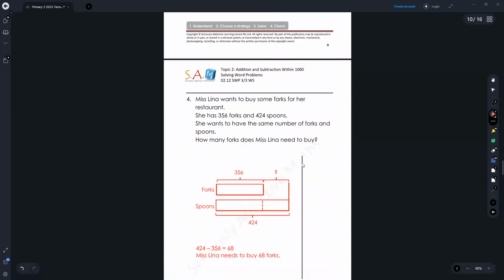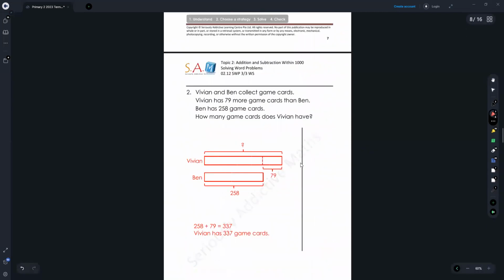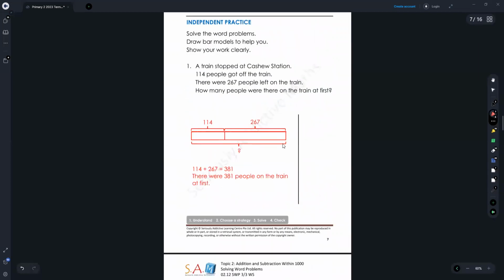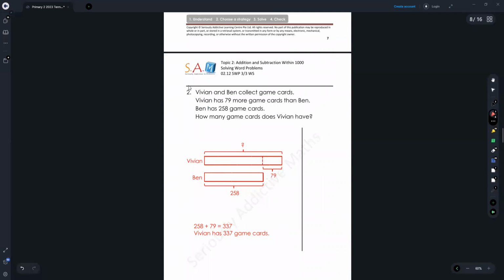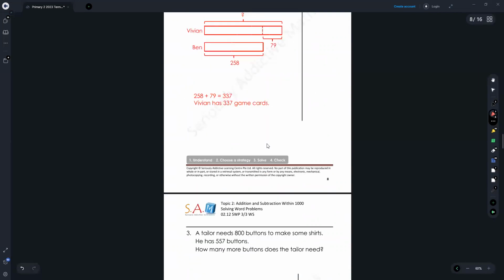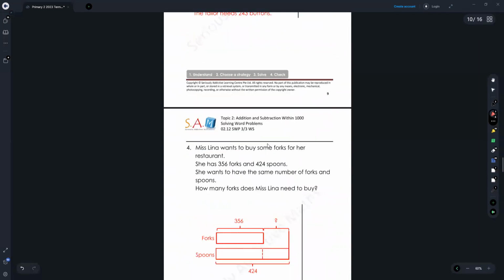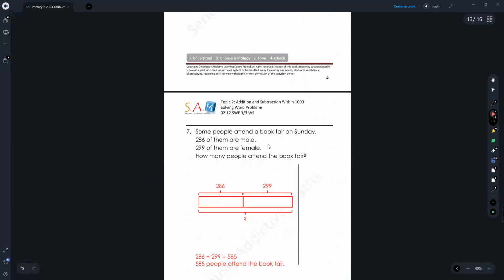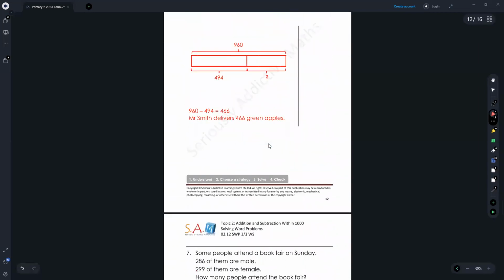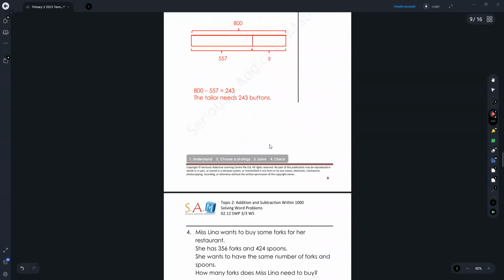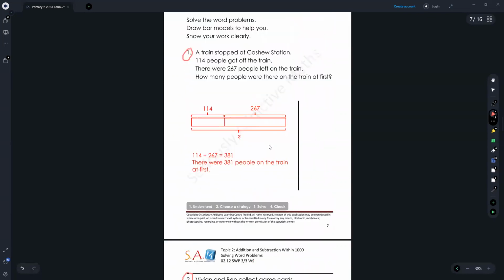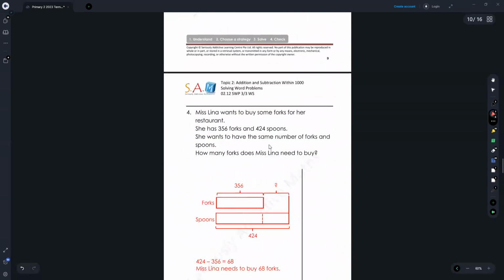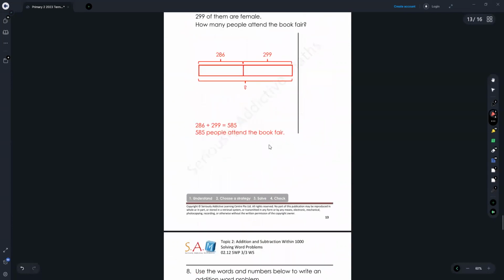It seems quite easy, and I want to make sure there's enough for them to do as homework. So maybe just get them to do 1 and then 2 in class. And then 3, 4, 5, 6, 7, we can assign as work. If you think they need more practice, then perhaps do one more.